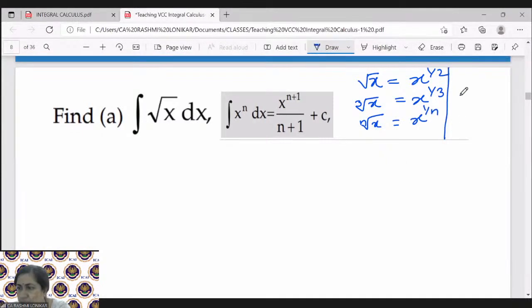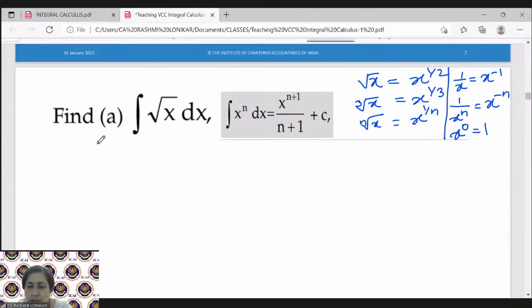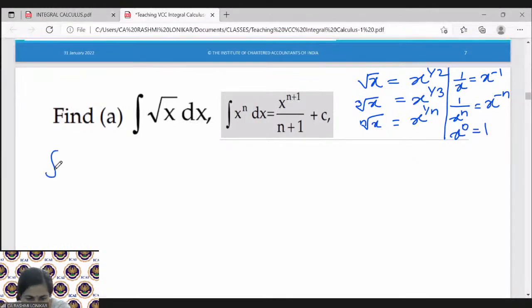The second thing you must remember is 1 upon x can be written as x raised to minus 1, and 1 upon x raised to n can be written as x raised to minus n. All these things you must remember. Remember, x raised to 0 is 1. So, using all this basic knowledge, let us talk about the integral.